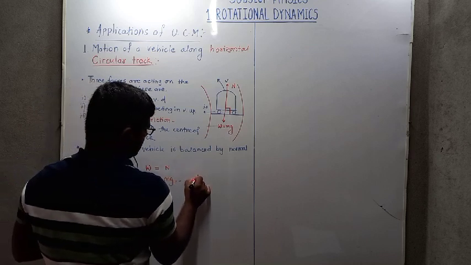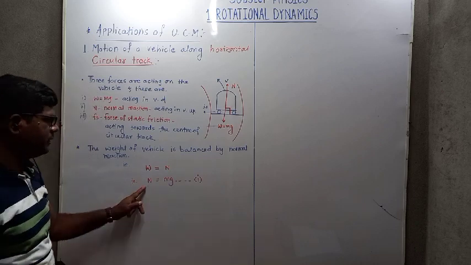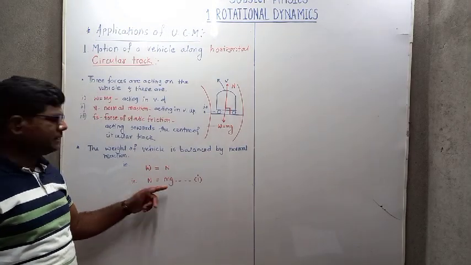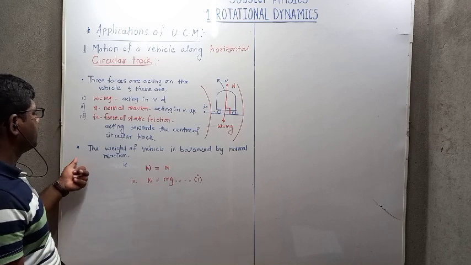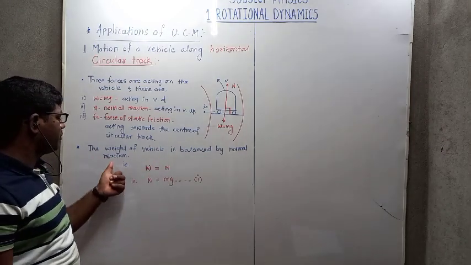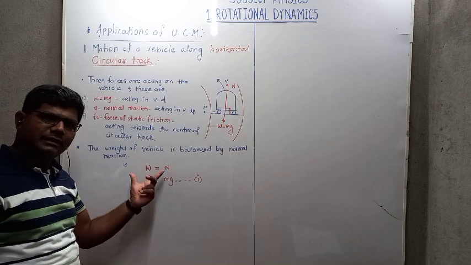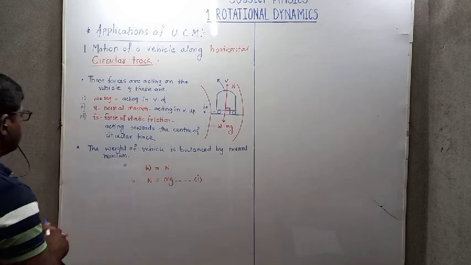Write this as equation number 1: N is equal to mg. See, the weight of the vehicle is balanced by the normal reaction; they are equivalent.